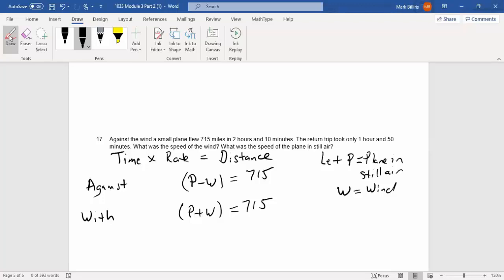So 2 hours and 10 minutes is 130 minutes. So we put 130 over 60 to convert that to hours. The return trip took 1 hour and 50 minutes. So an hour is 60 minutes and another 50 minutes gives us 110 minutes. And again, converting it to hours, we divide by 60.